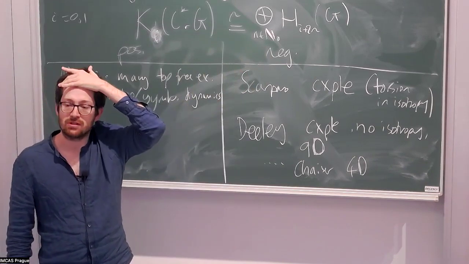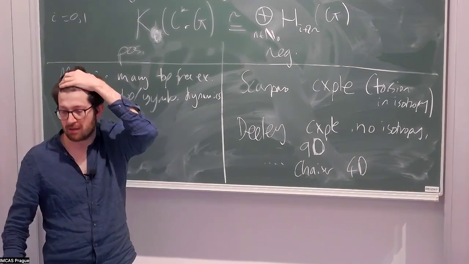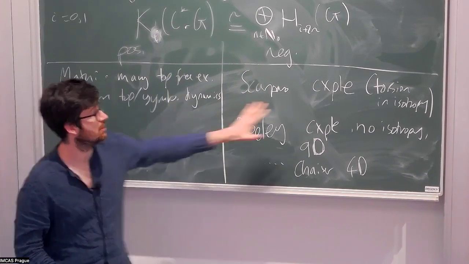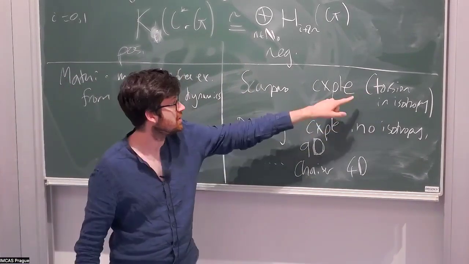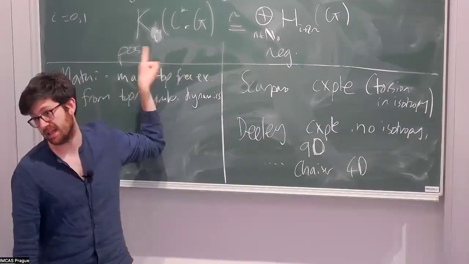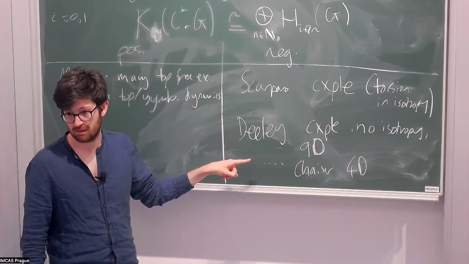So if someone were to construct some kind of Chern character, this would be plausible rationally, as long as you don't have any torsion in the isotropy. This counterexample messes with this entirely. This one doesn't mess with it rationally.